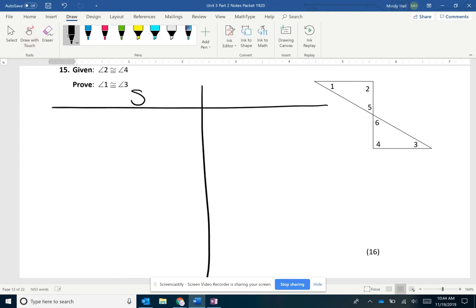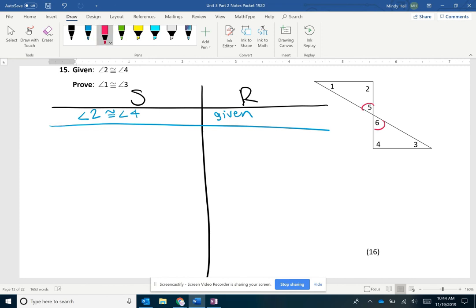Okay, statement, reason. We can do this. Maybe. Okay, so we will start with angle 2 is congruent to angle 4 because of given. Yay! So then if angle 2 is congruent to angle 4, I can also say angle 5 is congruent to angle 6, like I was saying, because of the vertical angles theorem.